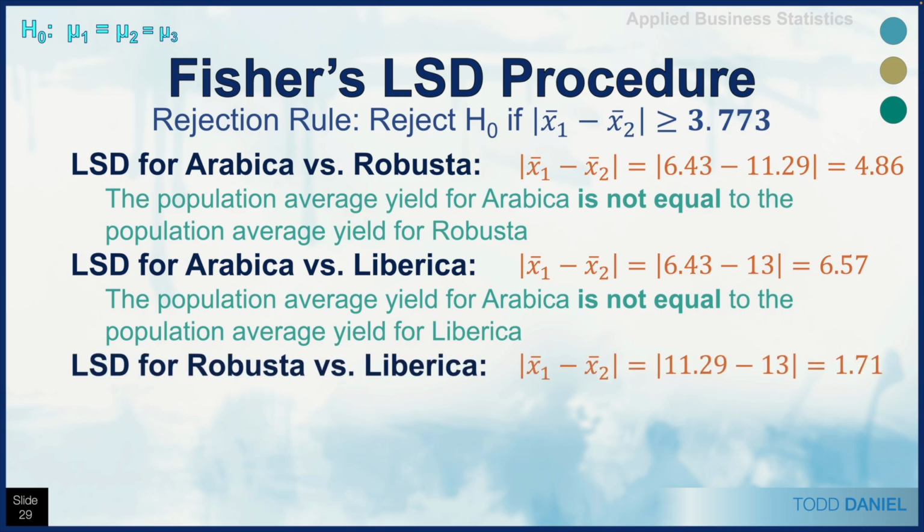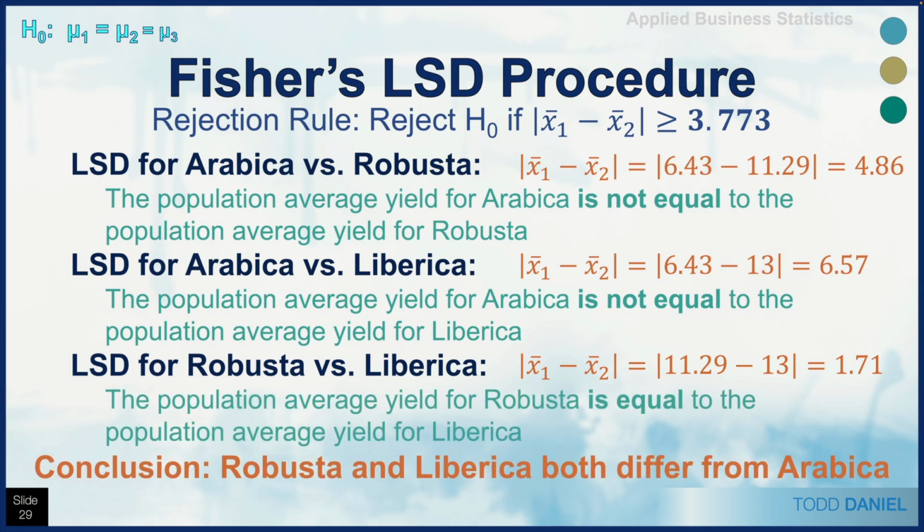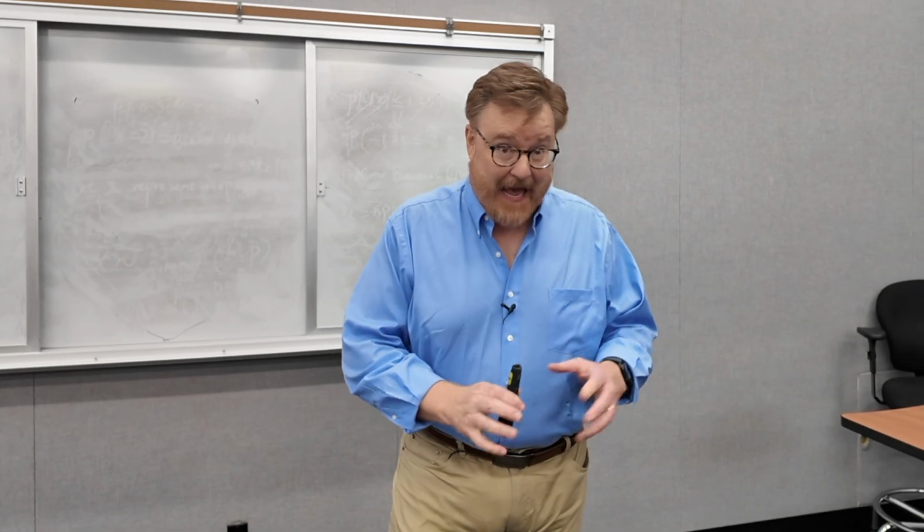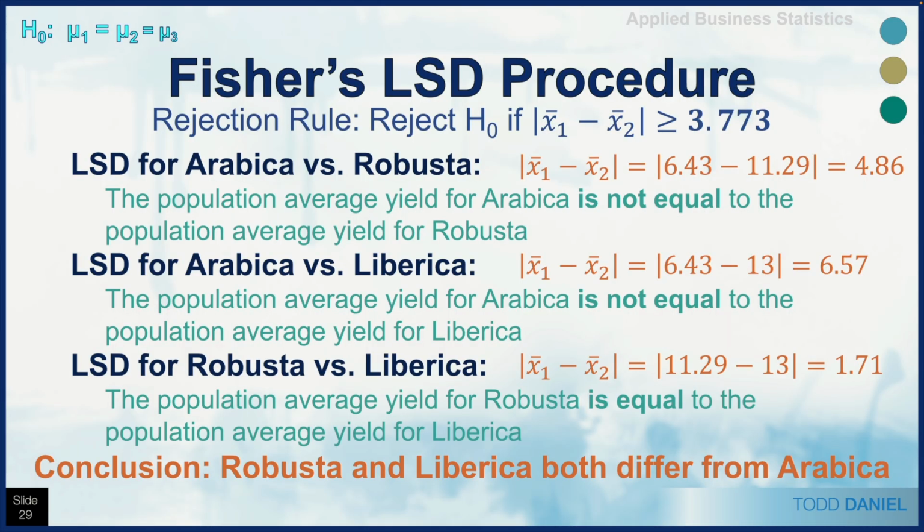Our third comparison is between Robusta and Liberica. We find a mean difference of 1.71, which is not over the fence of 3.773. Those two numbers are equal. Or we could say it more simply by concluding that Robusta and Liberica both differ from Arabica.